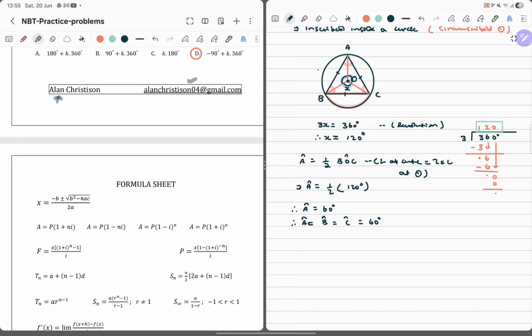We can even say these are angles subtended by equal chords. Because if a chord subtends 60 degrees at circumference, then all of them should be the same. This is just to get you knowing how to find your way through.